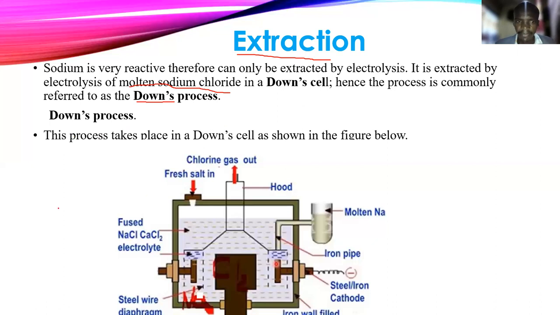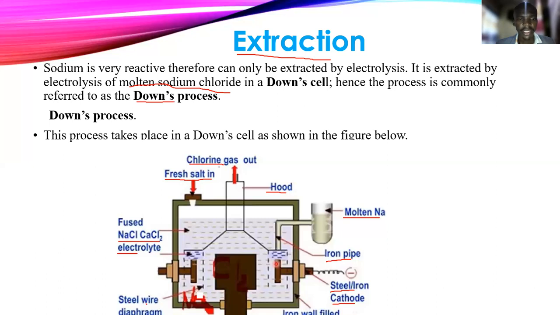In this figure, we have the fresh salt in, the chlorine gas out, the hood, the molten sodium which has been extracted, the iron pipe, the steel, the cathode, and also the fused sodium chloride and calcium chloride.